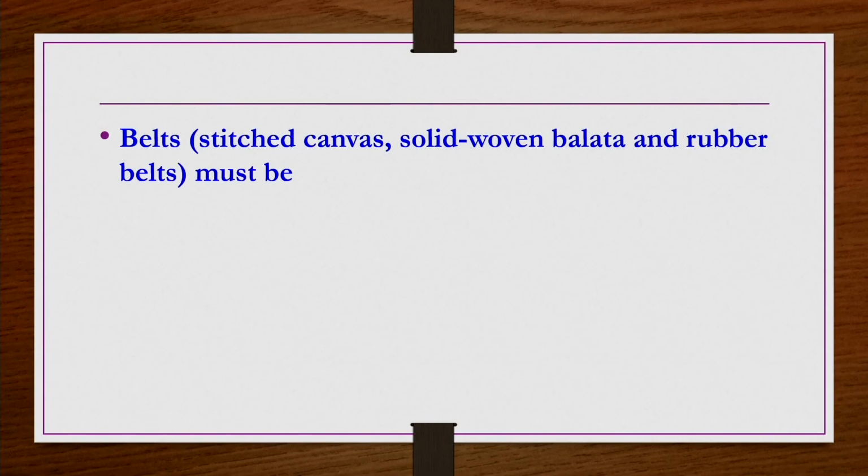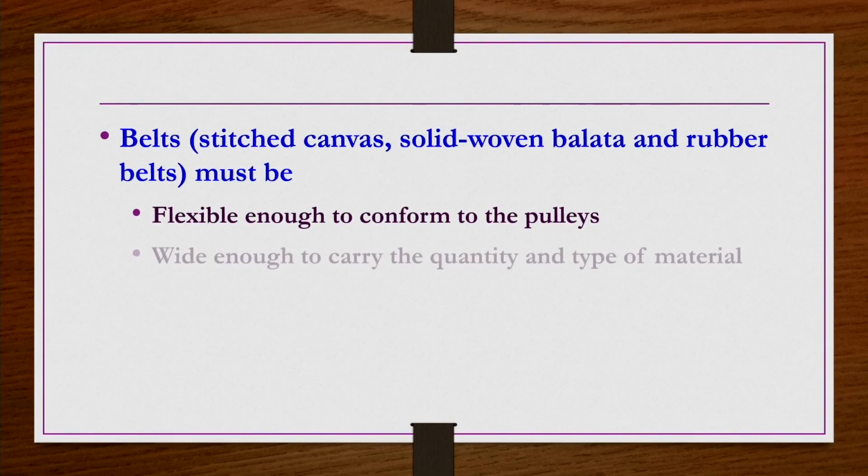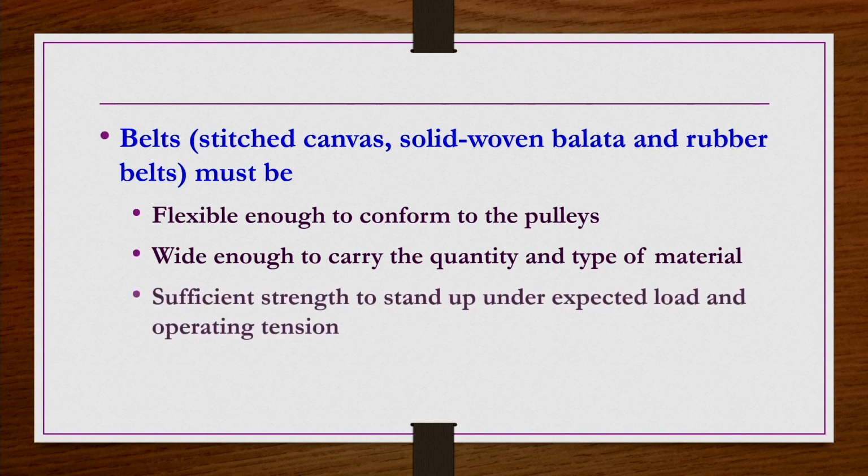We will see some details of these elements now. So what is a belt? In general, it is stitched canvas or solid woven balata and rubber belts. These belts must be flexible enough to conform to the pulleys, and wide enough to carry the quantity and type of material.